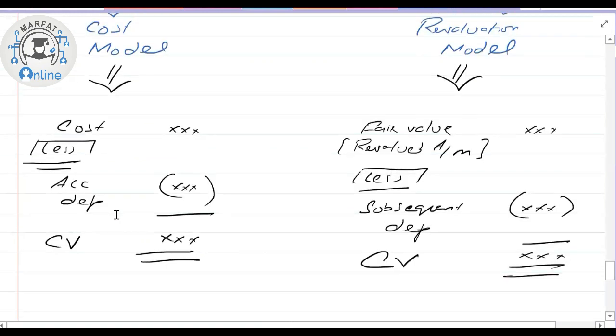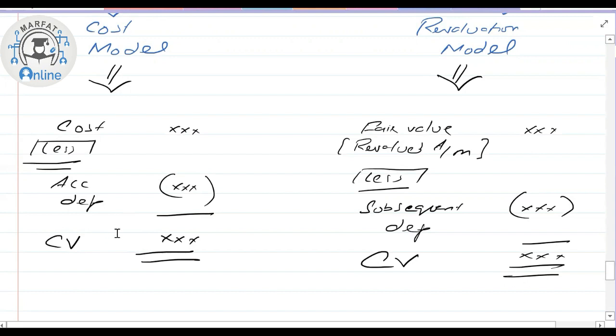In the revaluation model, we take the assets which change their value every year or every 3 or 5 years, whatever. In the cost model, we usually take the asset which does not change its value and is systematically depreciated.